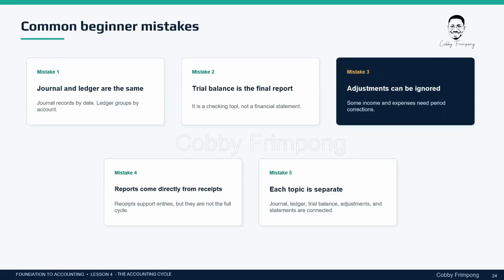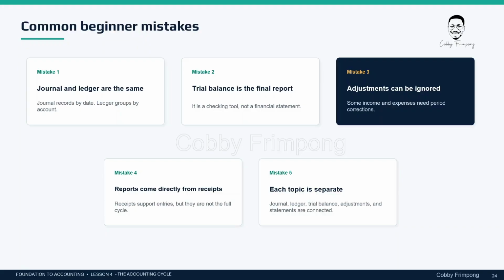Common beginner mistakes. Beginners often make a few mistakes when learning the accounting cycle. One mistake is thinking the journal and ledger are the same. They are connected, but they are different. Another mistake is thinking the trial balance is the final report. It is not. It is a checking tool.